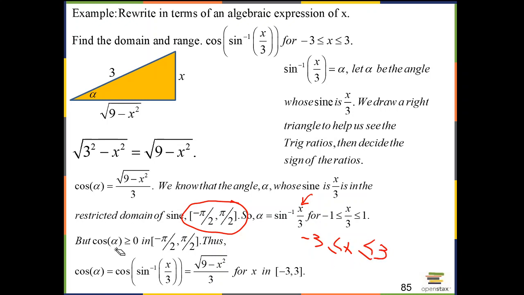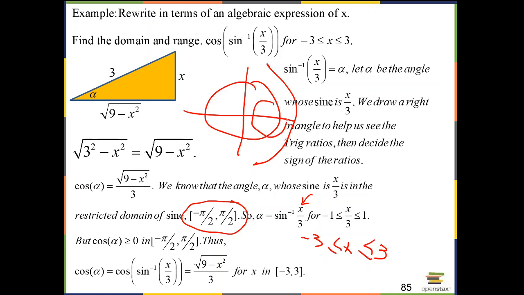Now, cosine has to be positive in this region. So cosine alpha is greater than or equal to 0 in this restricted domain, right? In this restricted domain, cosine is always positive. Cosine is the x value, so it's positive.